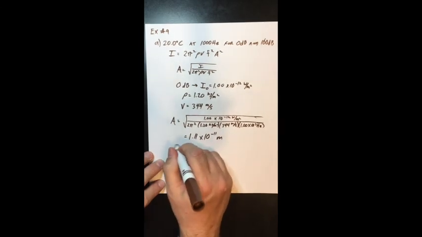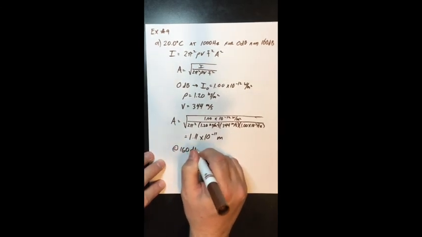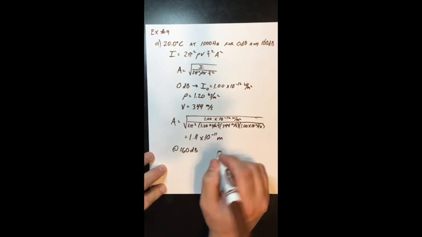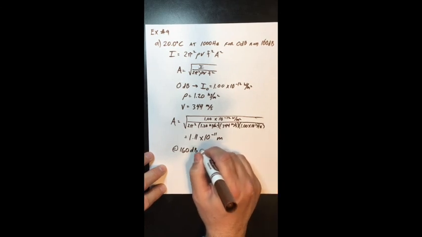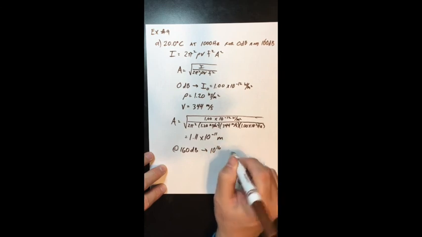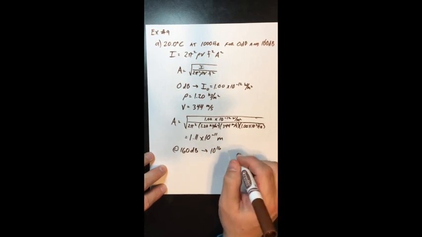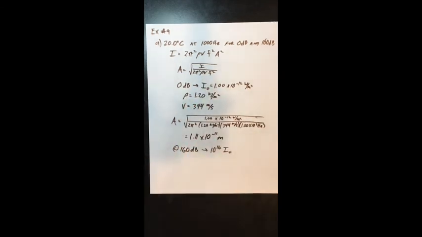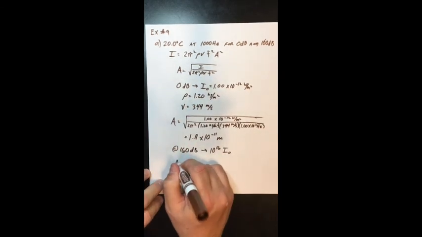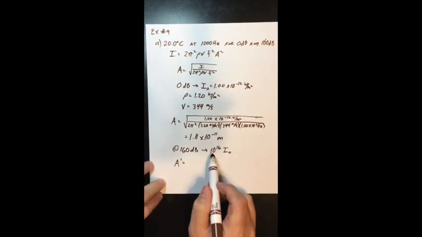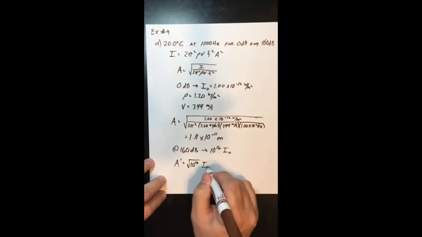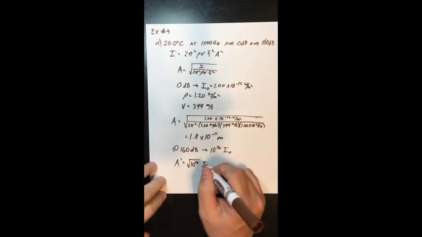So at 160 decibels, we're looking at 10 to the 16th times as intense a sound as I naught, which is what we used up there. So our new amplitude is going to increase by the square root of that. So it's going to be the square root of 10 to the 16th times our original A.